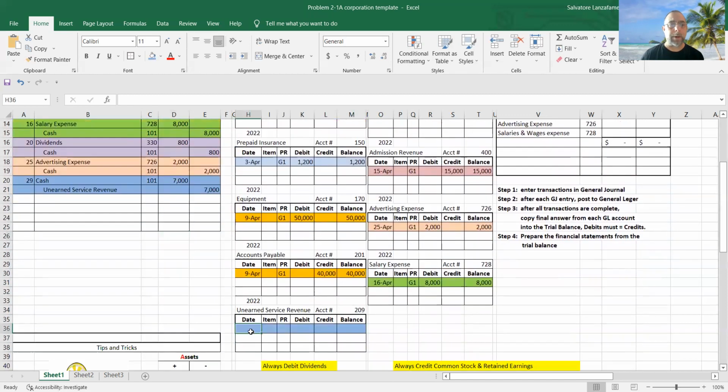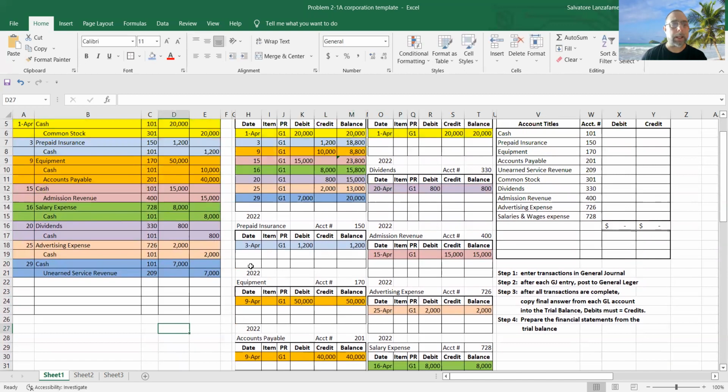Find the unearned revenue account. First time in here, so it's got to go up. Unearned revenue is a liability. How does a liability go up? It's a credit account, so it's got to go up by a credit. So nothing in the item. PR gets G1. We are going to credit unearned revenue for $7,000, and our new balance in that account is $7,000. Cross-reference back with the 209.